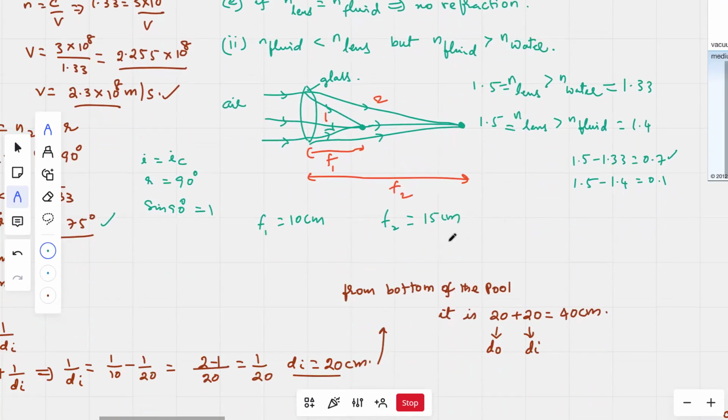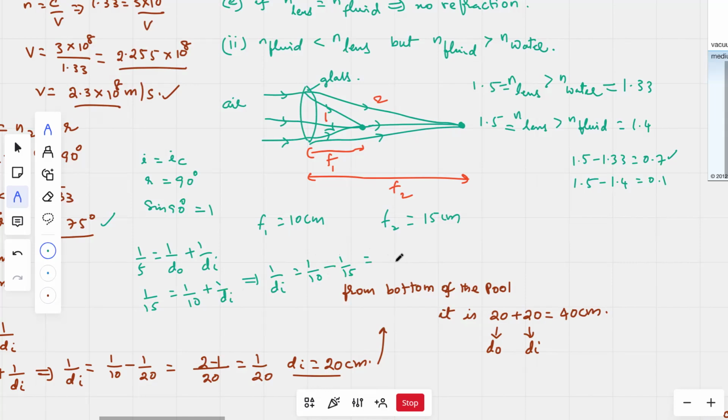If f2 is 15 centimeters, what happens to this one? We know 1 by f is equal to 1 by d naught plus 1 by di. So suppose this is 15 centimeters and this is 10 centimeters, then what is di? From this we can calculate 1 by di is equal to 1 by 10 minus 1 by 15.